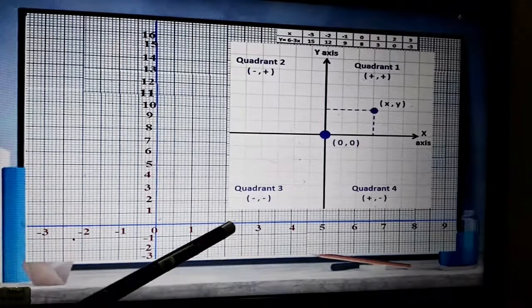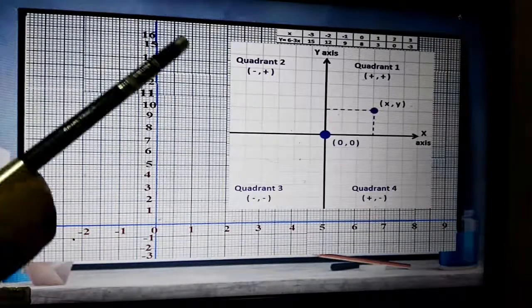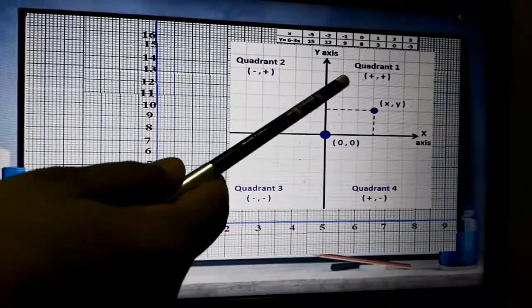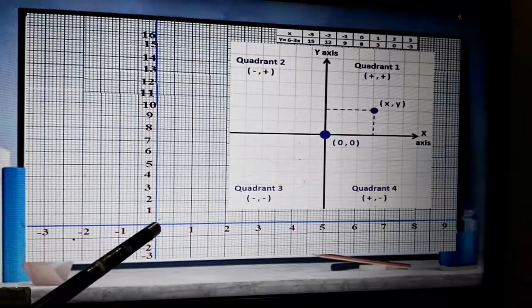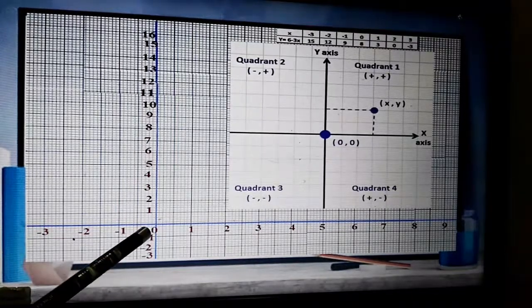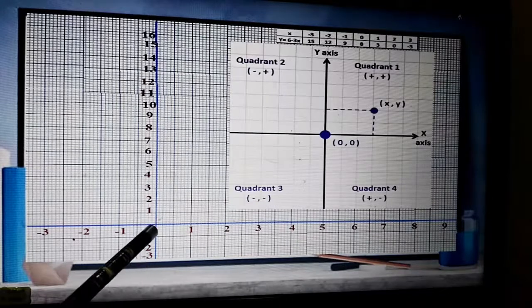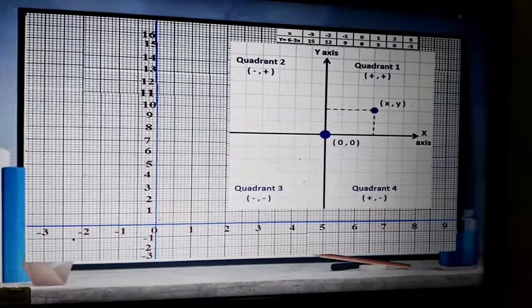So as per the scale, we have chosen positive values for x and y because both are positive in the first quadrant. Now here x is negative and y is positive, and here y is negative but x is positive.